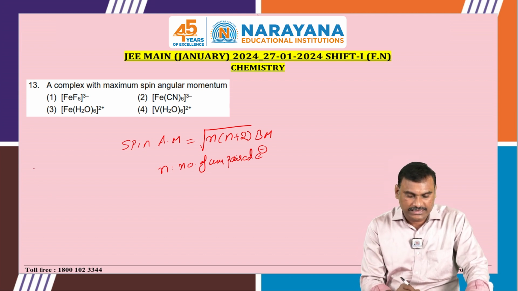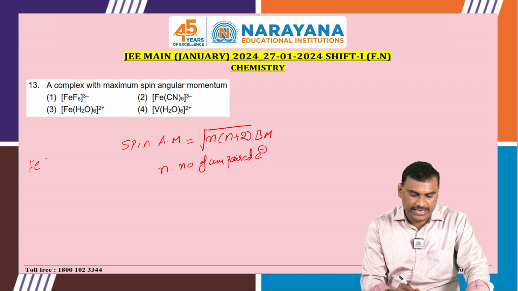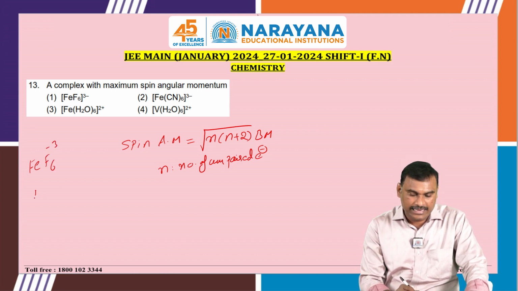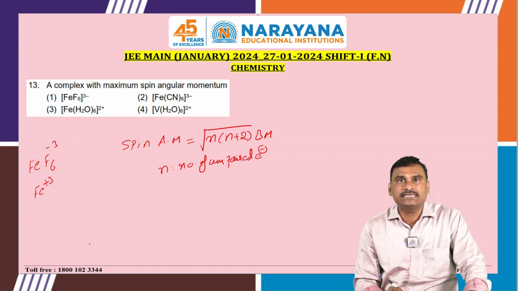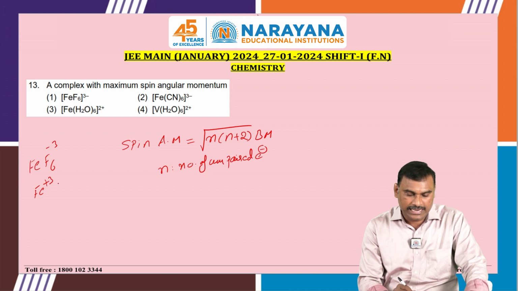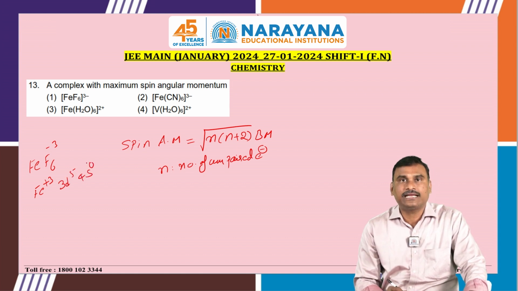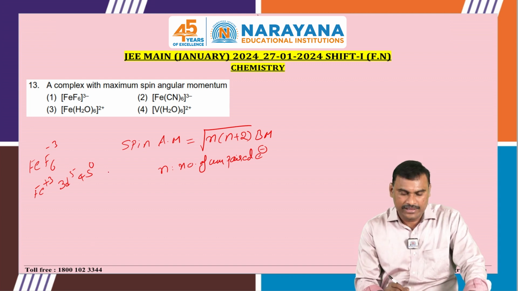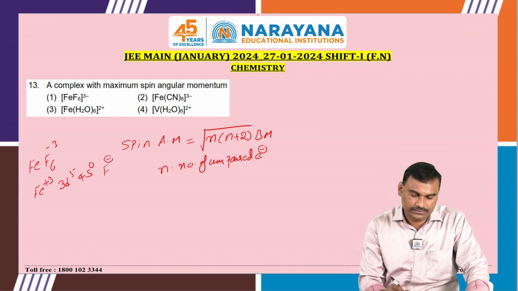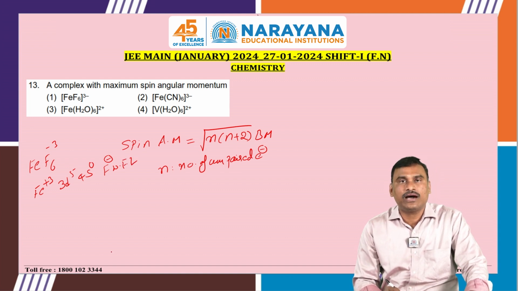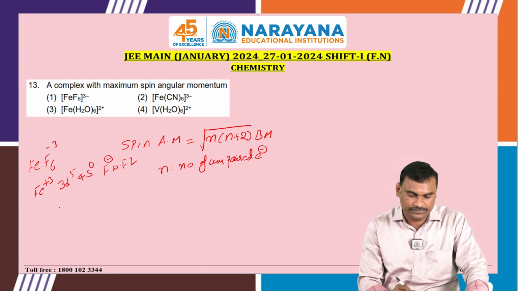Let us go for the complex one, FeF6 3 minus. Here iron is in plus 3 oxidation state, 3d6 4s2, then you can write that as 3d5 4s0. F minus is a weak field ligand. Therefore, all the 5 unpaired electrons are present. Therefore, n is equal to 5 here.